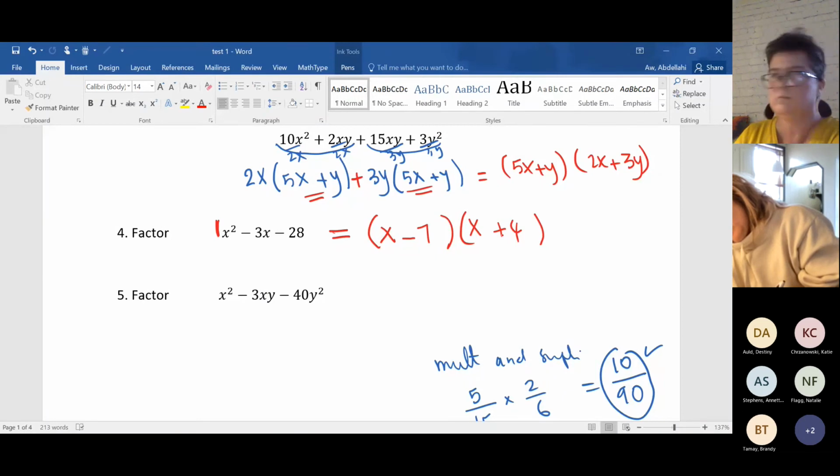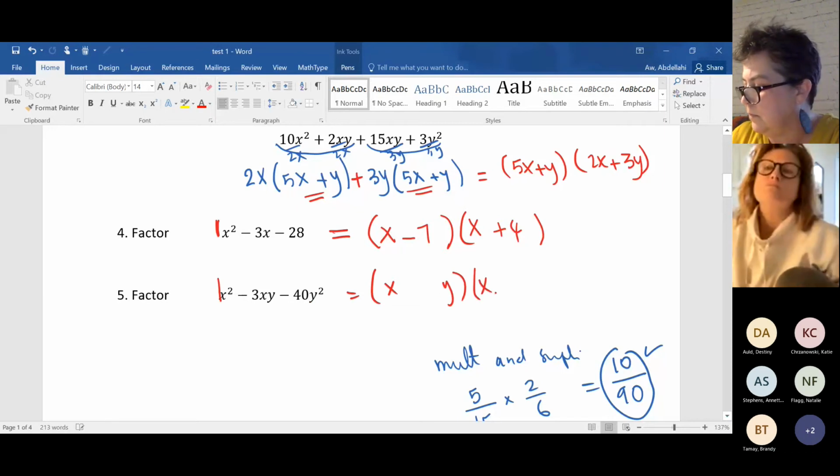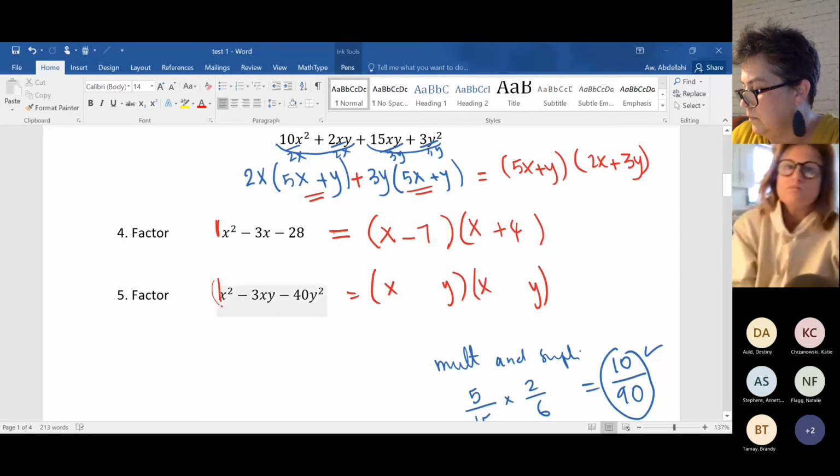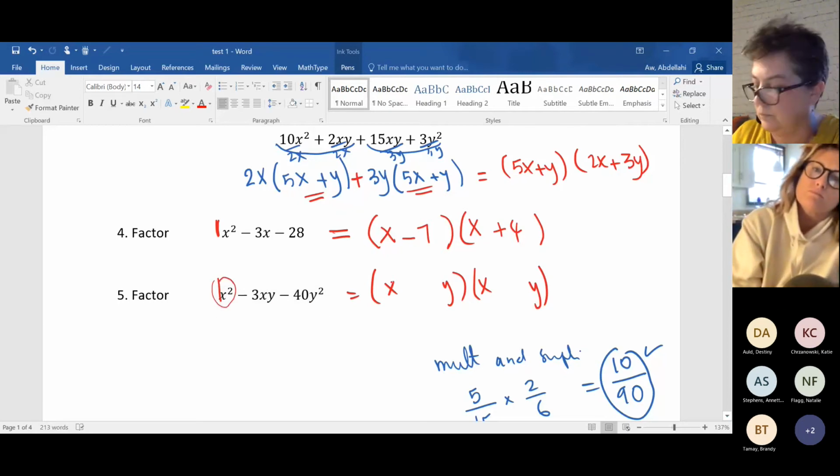The next one also, we can consider it is the same topic, right? Because in front of x squared, I have 1. So I can present my answer like this. I put x here, y here, x here, y here. Now, since I have 1x squared, I don't have to have numbers in front of each x.